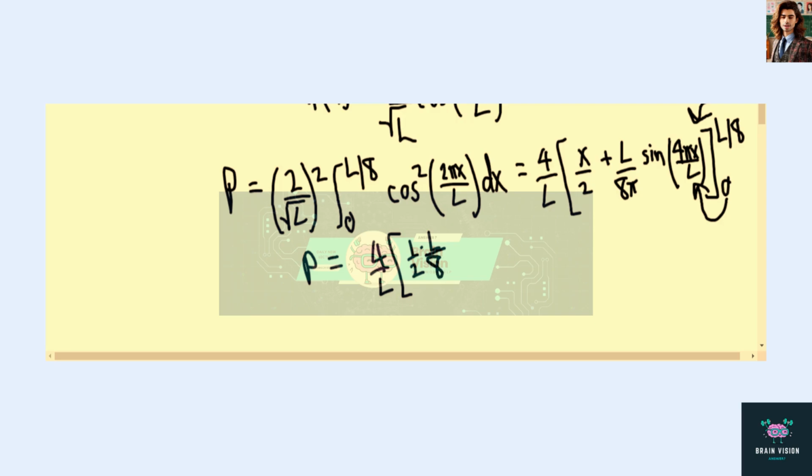The 0 will not contribute for x over 2, so we don't have to look at that. We have L over 8 pi times the sine evaluated at L over 8, so that is 4 pi over L times L over 8. These L's will cancel, and yes, this will be pi over 2, so that's the sine of pi over 2, which is 1.